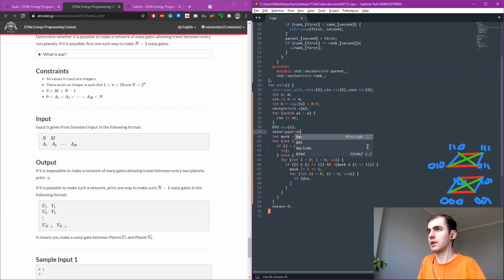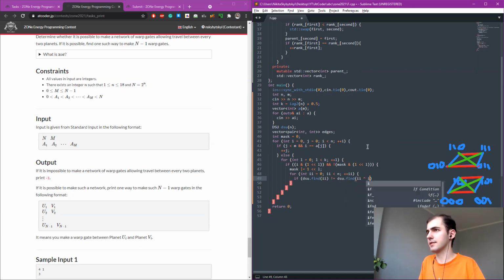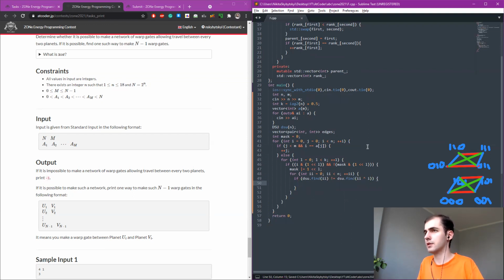Vector pair and edges. Find I not equals this, you'll find. So if they are in different sets, and it makes sense to add, I probably missed a couple of parentheses here and there. And it makes sense to first union.